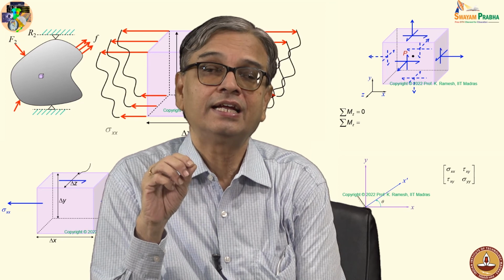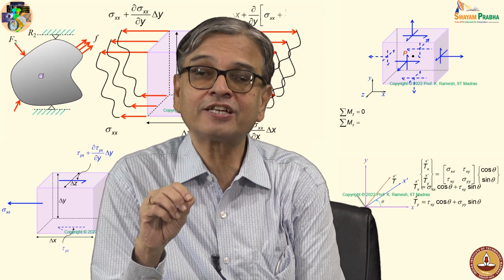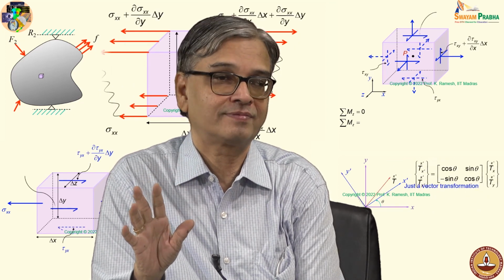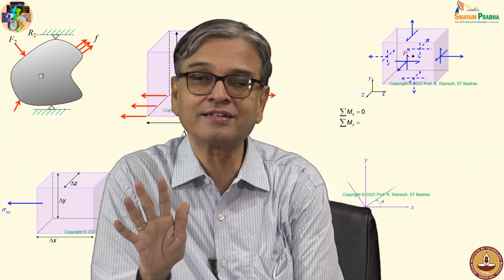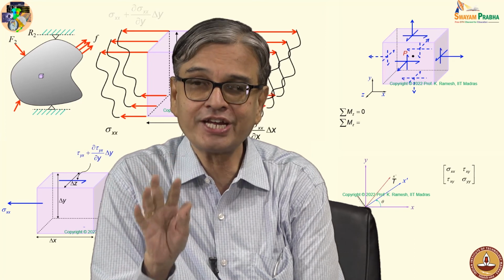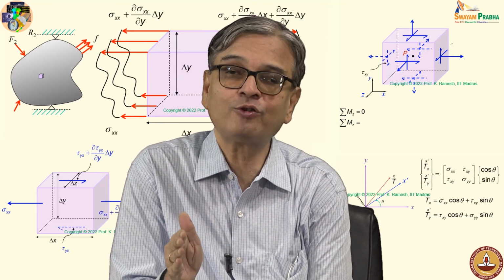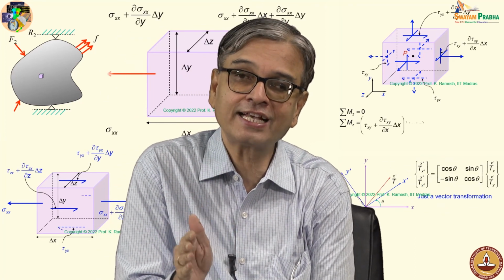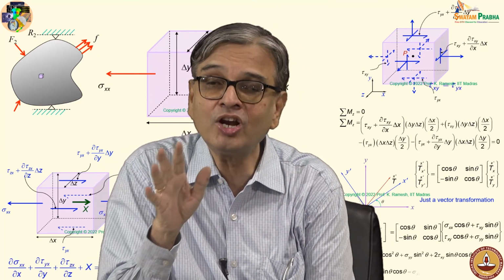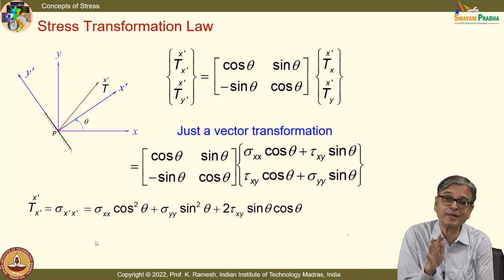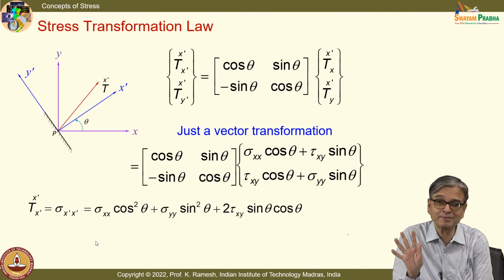So the tensorial transformation is a little involved. When I have this, you can't simply multiply only cos theta sin theta and be done with it. You have to graduate to Tx prime x. From Tx prime x, you have to find out Tx prime x prime. That symbolism you should appreciate. Only Tx prime x prime is sigma x prime x prime.